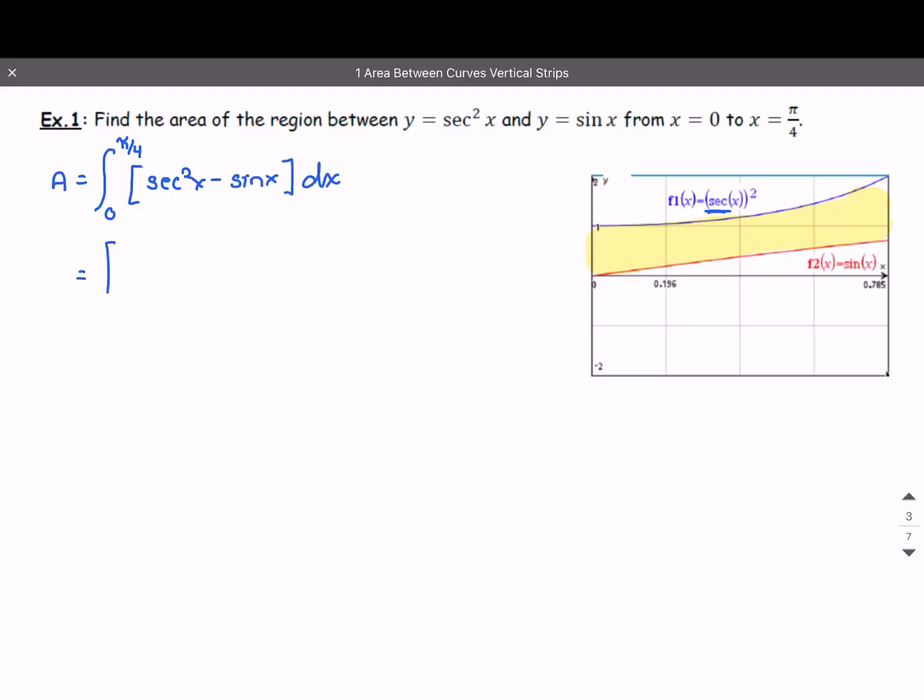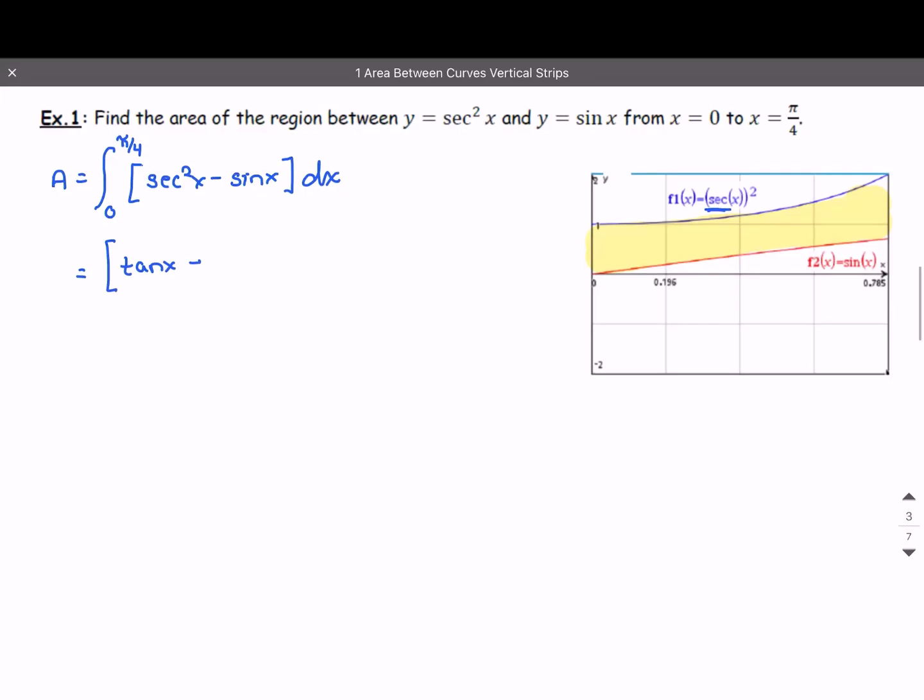The antiderivative of secant squared x is tan x minus the antiderivative of sine x is a negative cosine x. And we're evaluating from 0 to pi over 4. We substitute in the top limit pi over 4 first.